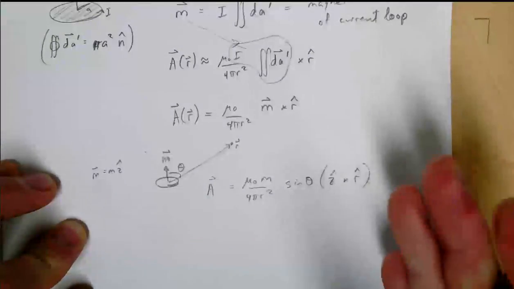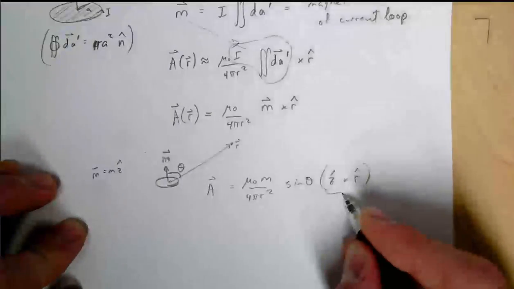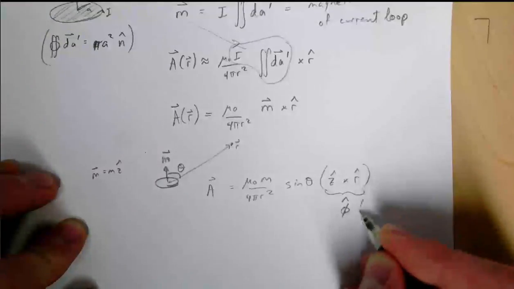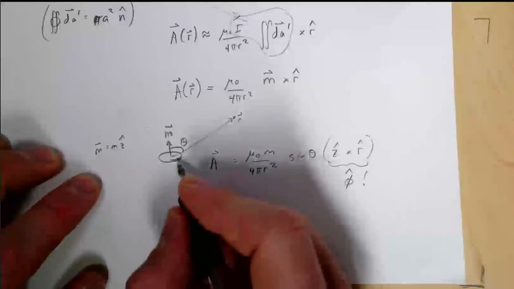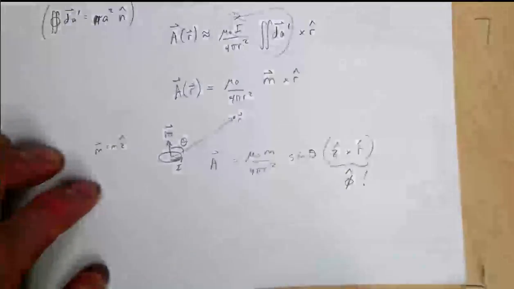So if this is in a spherical coordinate system, where this theta really is the polar angle, then z hat crossed with r hat, well, what's that? Oh, that's the phi hat direction, right? So actually, we could say that A points in the phi hat direction, just like the current itself, and that's something we're familiar with. We've seen before that if the current is going around in a loop like this, then the A's are also going around in a loop like this.